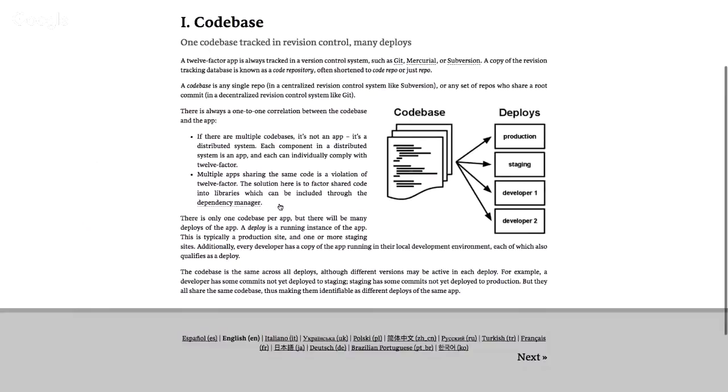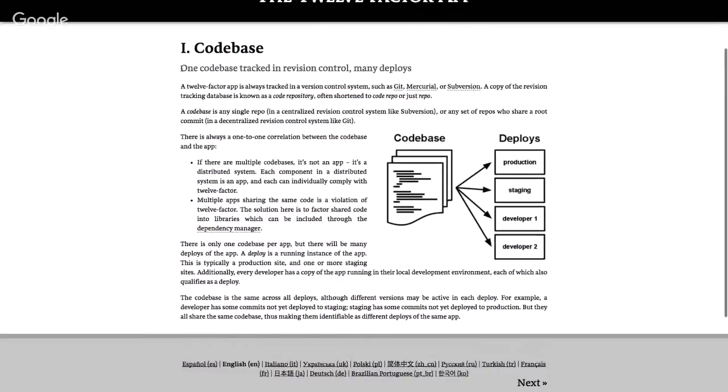One of the things they're saying in this Codebase section is one codebase tracked in revision control, many deploys. They're saying a 12-factor app is always tracked in a version control system such as Git, Mercurial, or Subversion.